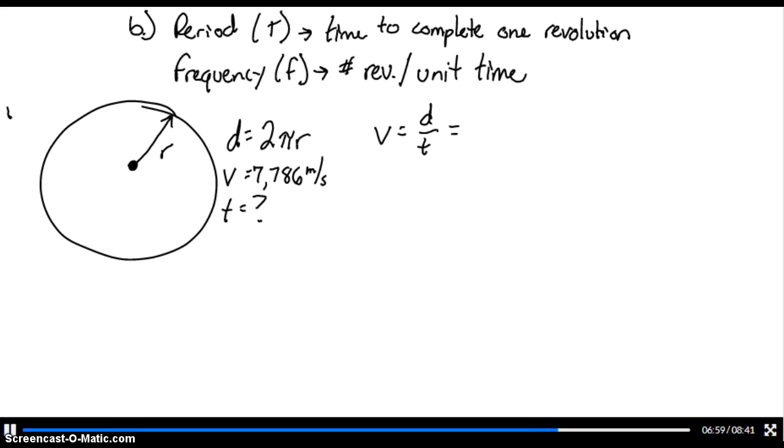So that's going to mean v is equal to 2 pi r over T, and T would be the time for one full period. So we do a little algebraic manipulation and solve for T. We end up with 2 pi r over the velocity.